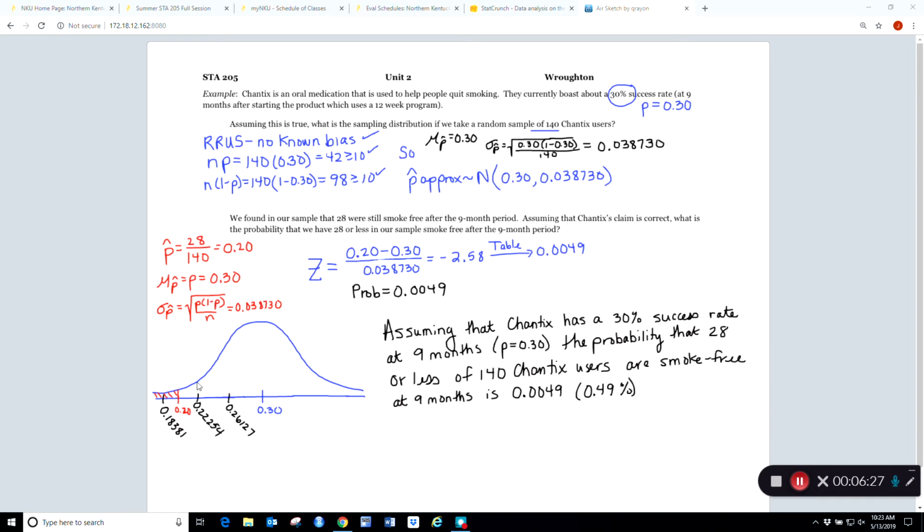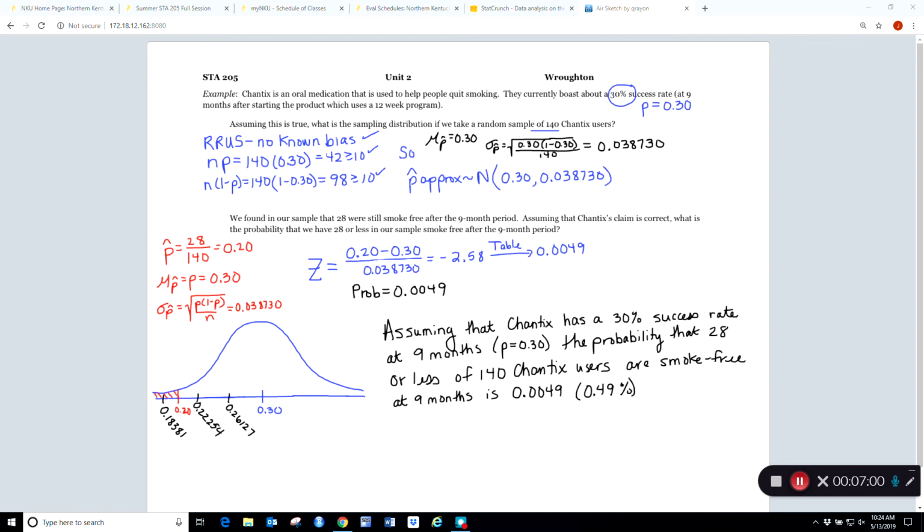From our z-score, we know that we're between 2 and 3 standard deviations below where I should be if they really have that 30% success rate. In fact, the probability of us getting this value or anything less was 0.0049, assuming they had a 30% success rate.